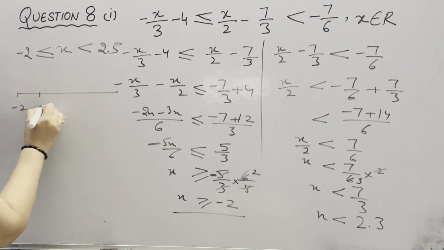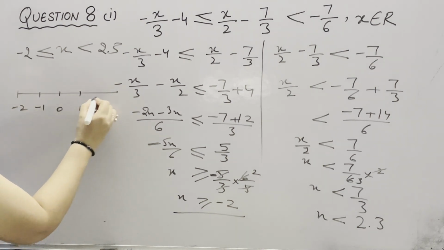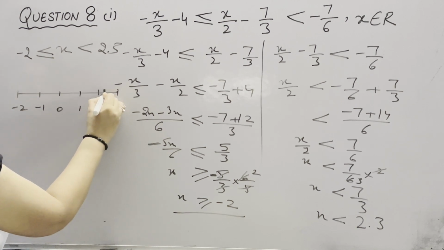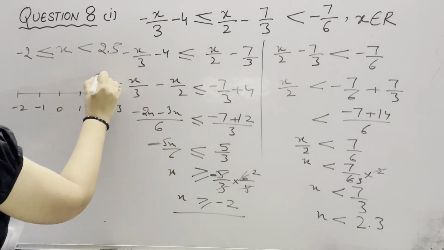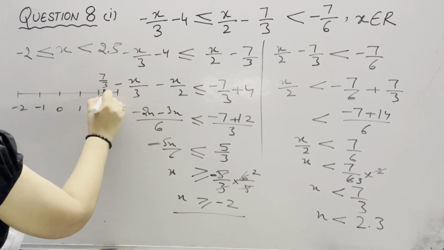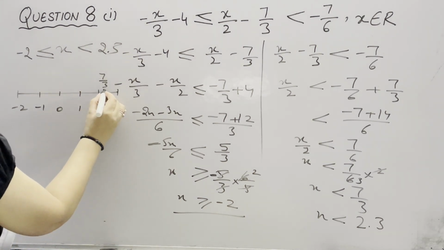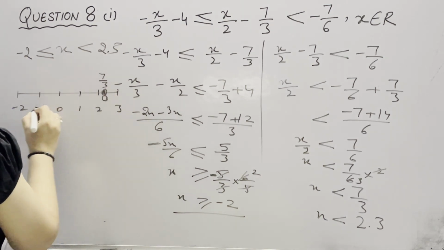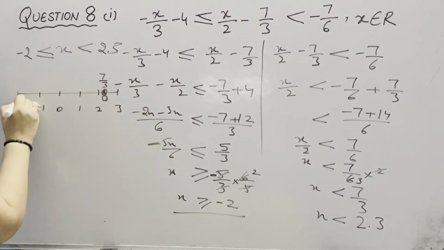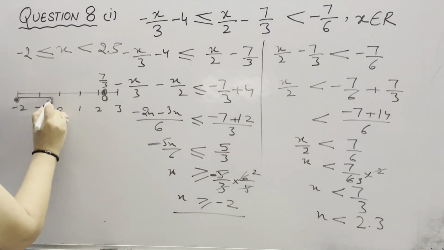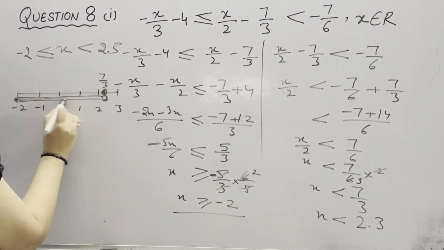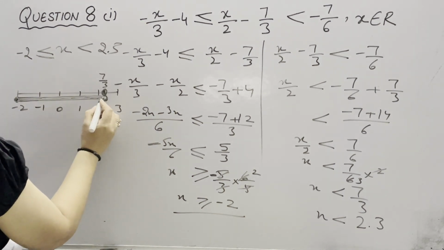So minus 2, minus 1, 0, 1, 2 and 3, and this is our point 2.3. We can also write 7 upon 3 here, but there is no equality sign, so a hollow circle on this side. On the other side we need to draw a complete circle because the equality sign is here, and we need to draw a line. So this is our solution set.